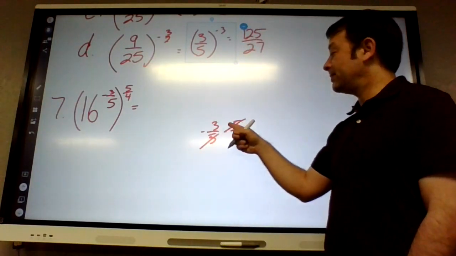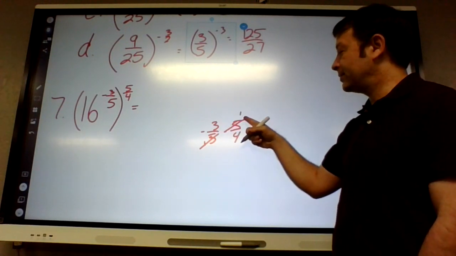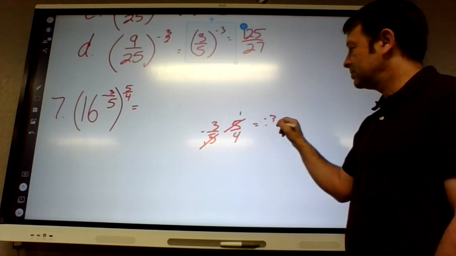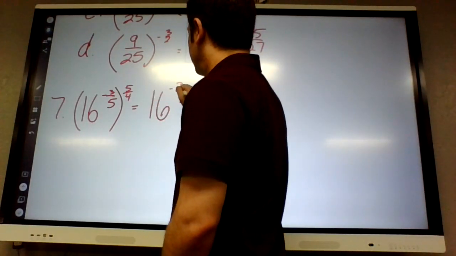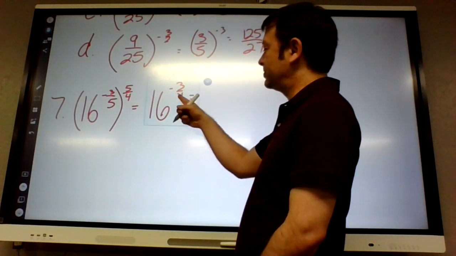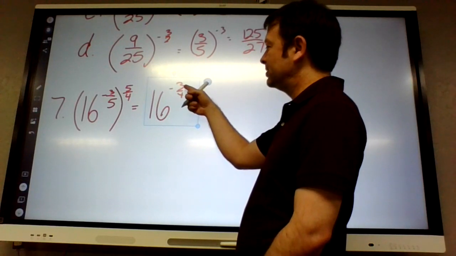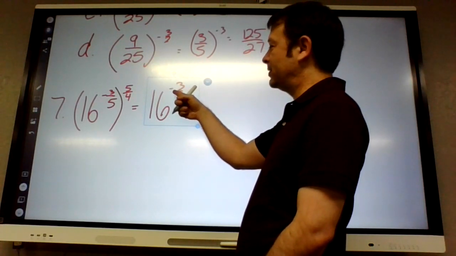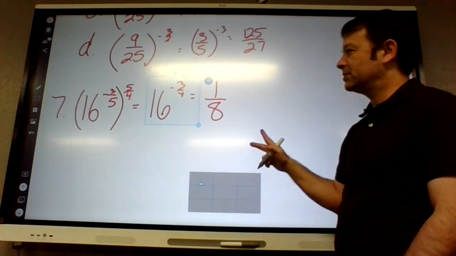And then you just do top times top and bottom times bottom. So -3/4. So this is 16 to the -3/4. I kind of already did this one, didn't we? What's the 4th root of 16? 2. 2 cubed is 8. What's the negative going to do? Flip it. So it's 1/8.